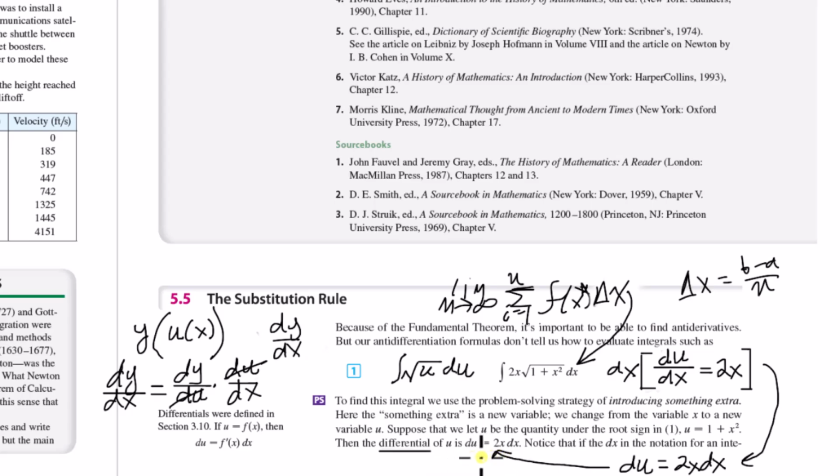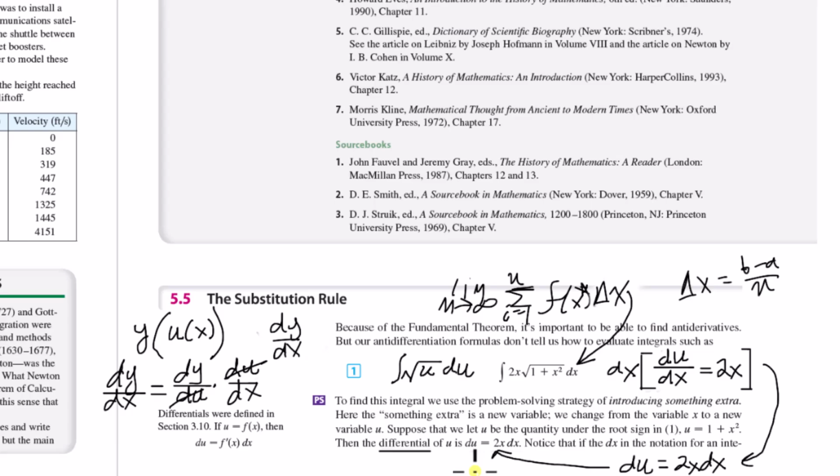This is really important, and I want to make this clear. If we want to take a derivative, du dx is equal to 2x, and we think about multiplying both sides by dx, then it's saying we need to think about this as a differential. That's what the textbook is telling us, at least at the moment.